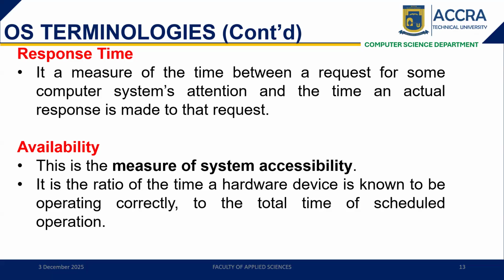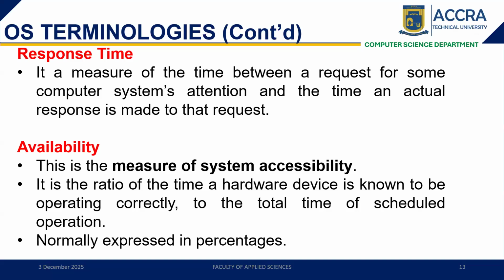We have hardware devices, and the extent to which they operate correctly is one thing. If a hardware device is malfunctioning, it won't allow the operating system to function well. If the hardware itself is not working well, there's no way the operating system will work. So we have to have the hardware available and functioning properly to collaborate with the OS and make sure that when a user is performing a particular job, it will work.